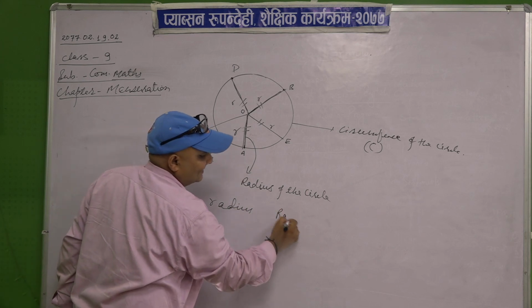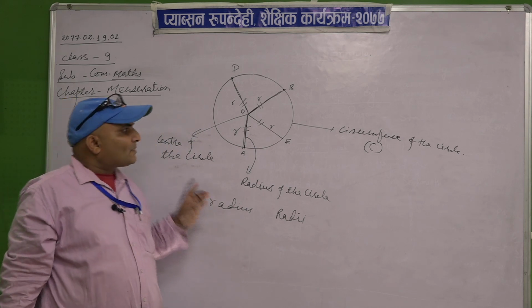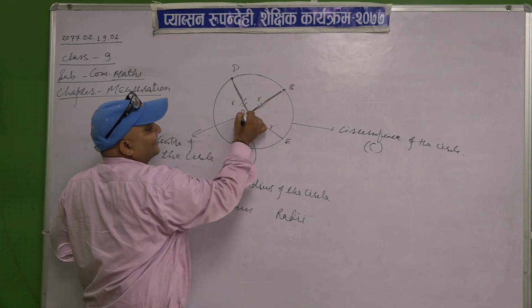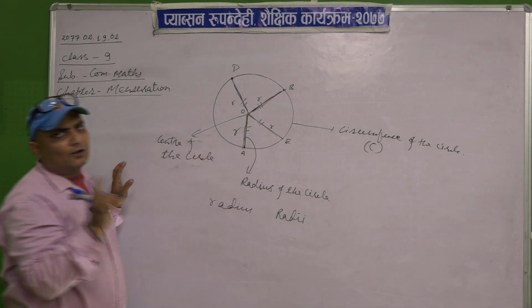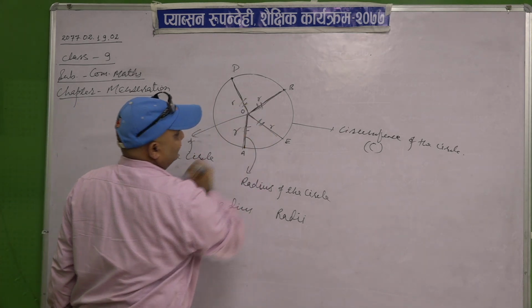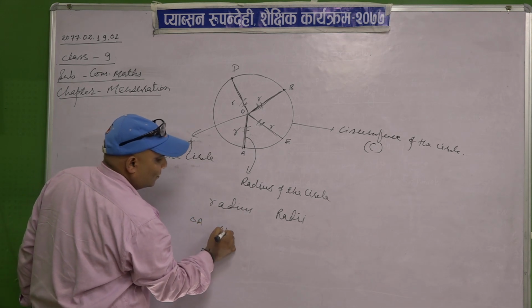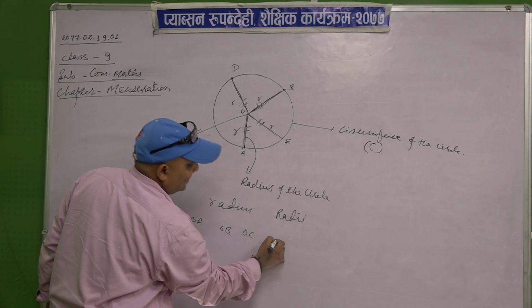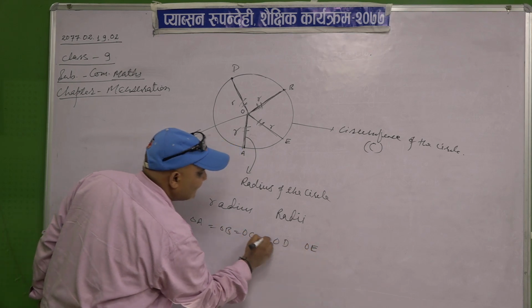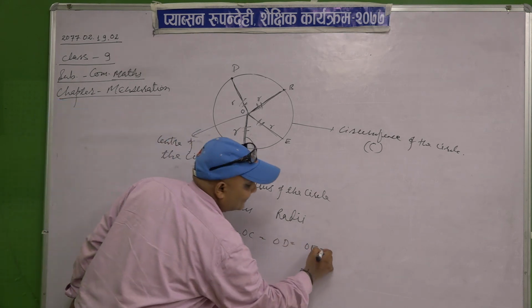Remember that all the radii of the same circle are always equal. Here in the figure, OA, OB, OC, OD, OE are all radii of the circle and all are equal.